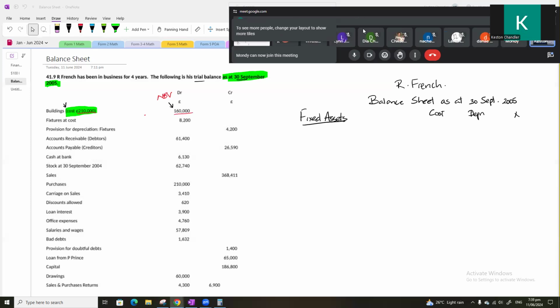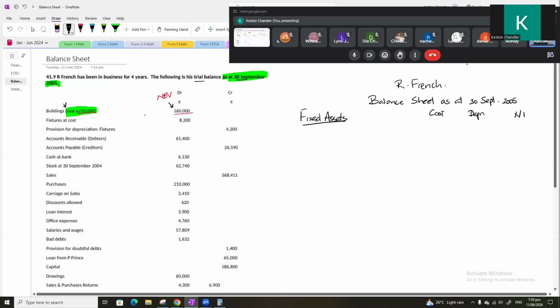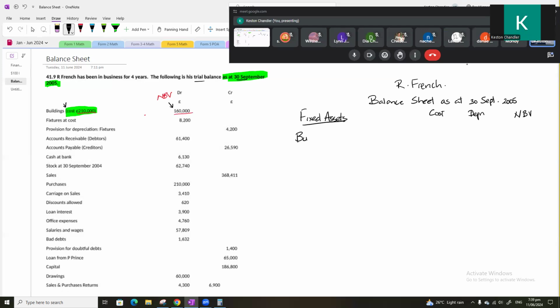It's recording. Yeah. And then finally, in the last column, I am going to be reporting what we call our net book values, like the present value of the vehicle or the building or the asset, right? So this asset of buildings is currently 160,000. The cost, let's record it one time. So buildings, its cost is 210,000.